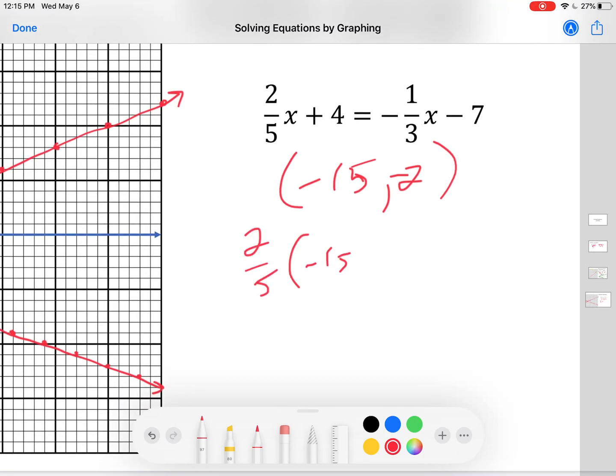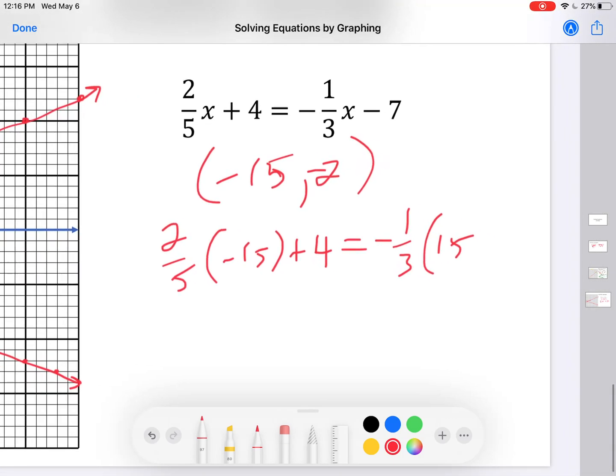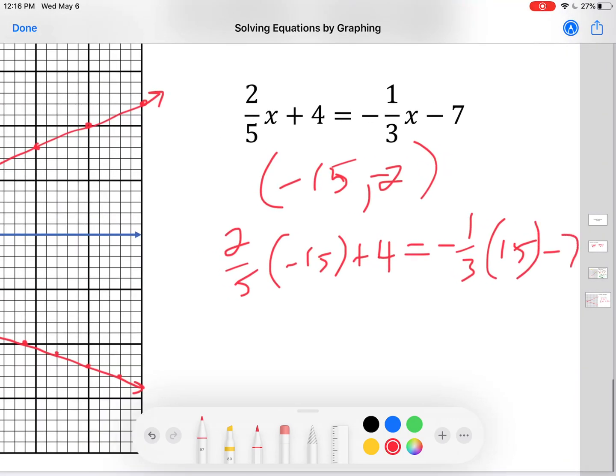2/5 times negative 15 plus 4 equals negative 1/3 times negative 15 minus 7. Negative 15 divided by 5 is negative 3. Negative 3 times 2 is negative 6 plus 4.